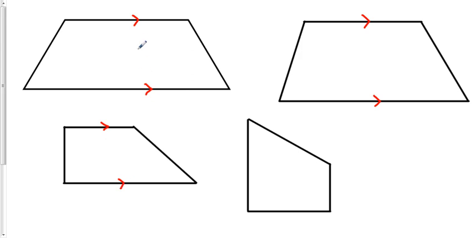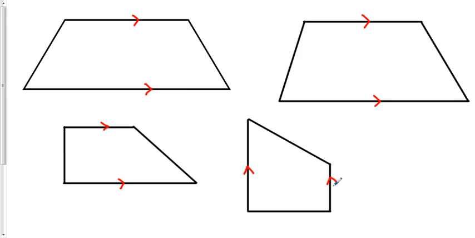In these first three examples the pairs of parallel sides are vertical, but don't get drawn into thinking that's the only way you'll see a trapezium. This last one, for example, has a pair of parallel sides going up and down.